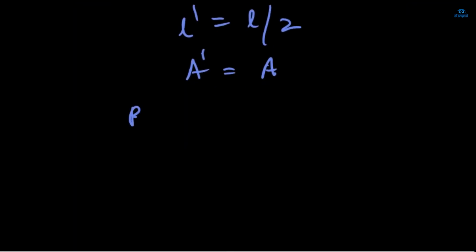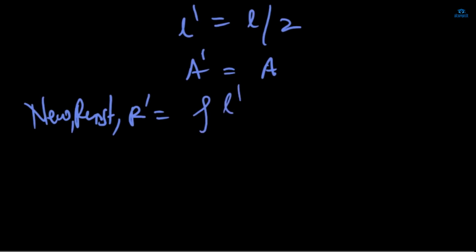Now the new resistance R dash will be how much? Rho L dash by A dash. Now put the values.